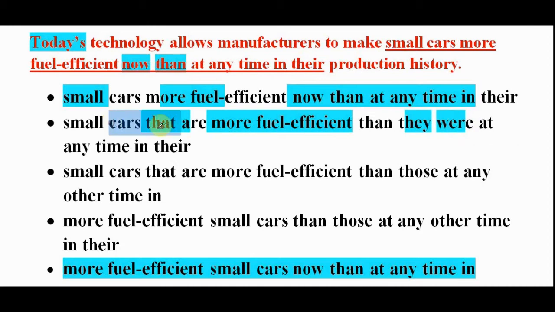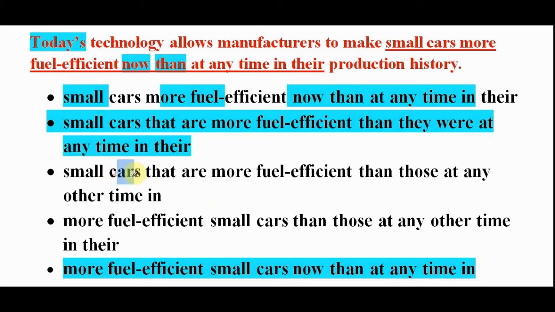It is not about same cars, but it is about fuel efficiency in present and fuel efficiency in past, right? The same car cannot give fuel efficiency in present and in past, right? So option B out.